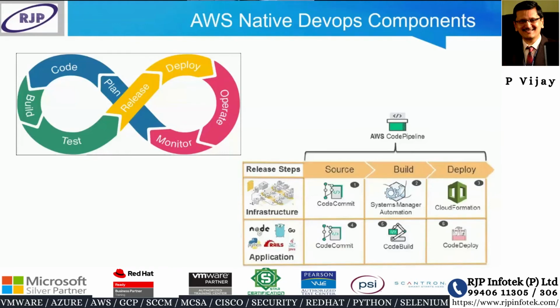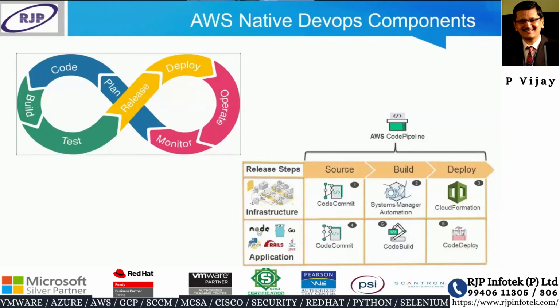Your integrator, the continuous integration code pipeline or Jenkins or whatever the component, will ensure that all these are integrated, unit-tested together, prepared for release, staged, deployed, monitored, and feedback given.